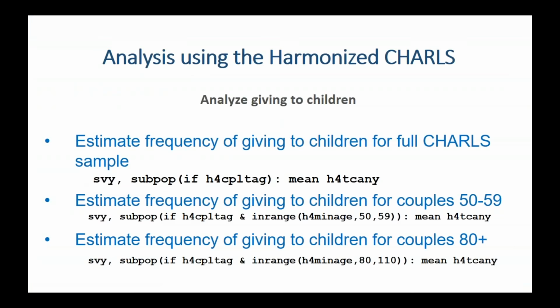We can do that by using exactly the same command, but just changing our subpopulation slightly. So we can say if our household age, that age we defined as the youngest person in our couple household here, is between 50 and 59, we can calculate the mean. And then we can do it again for people who are over 80, so 80 through 110. We can also calculate the mean.